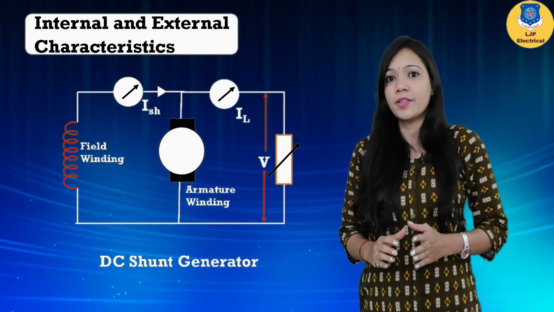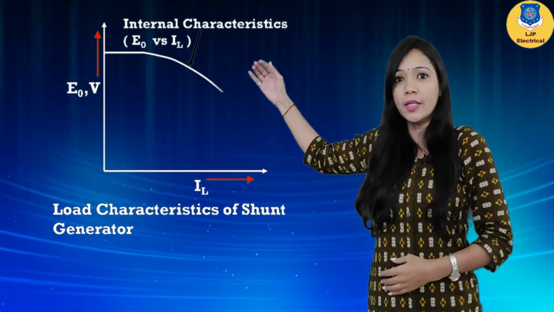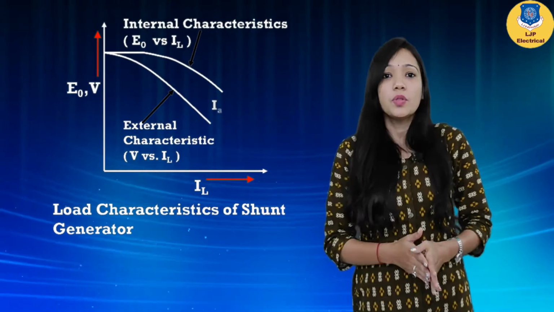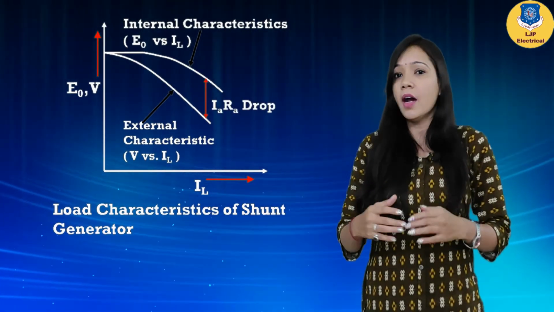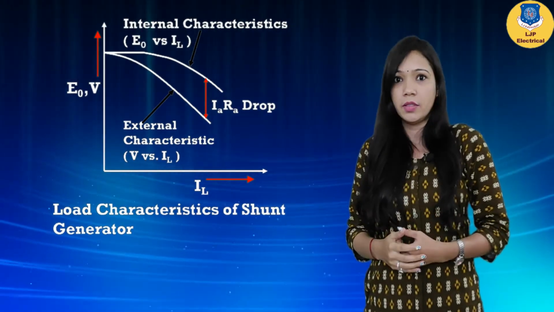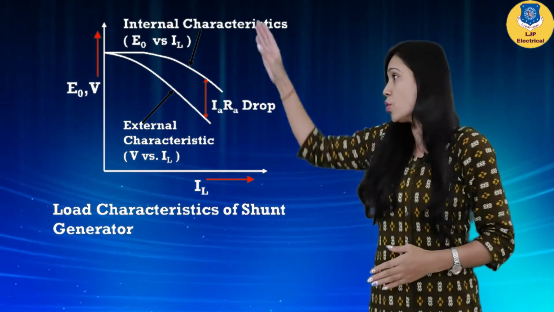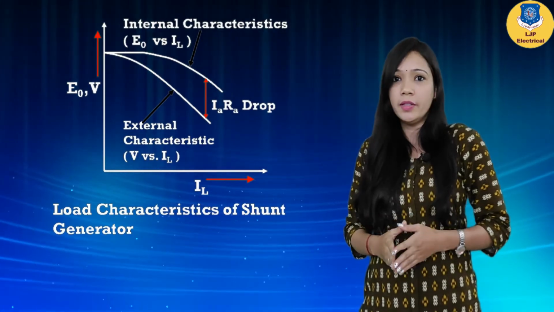From the characteristic you can see that as we increase the load gradually, our terminal voltage is getting reduced. To obtain the internal characteristic, the graph is between the no load voltage and the load current, and for the external characteristic the graph shows the terminal voltage and the load current.